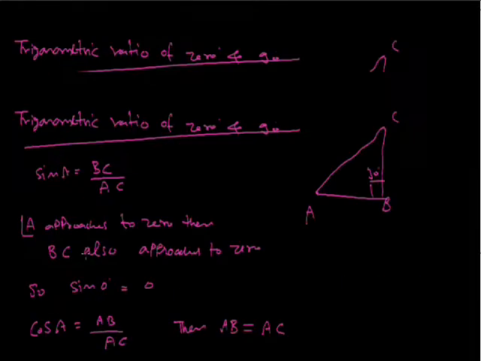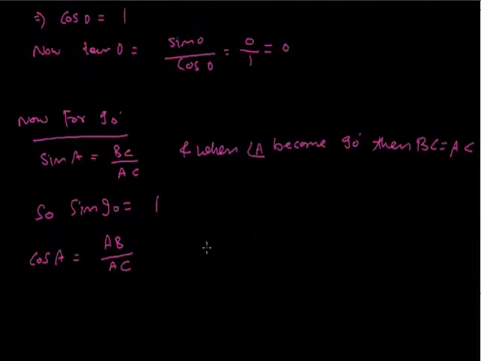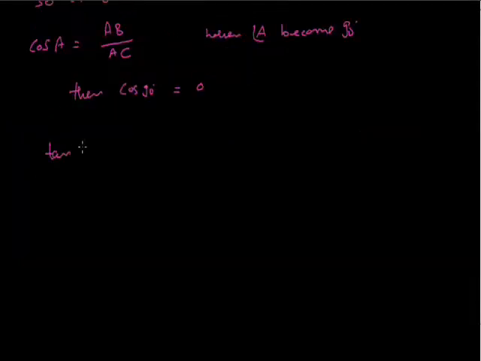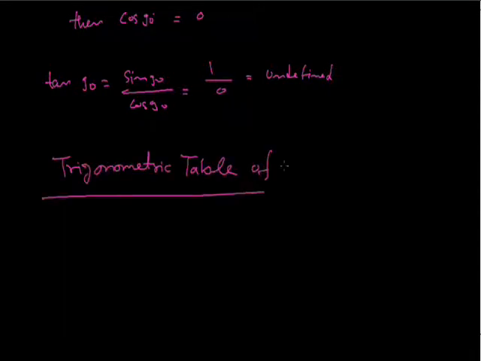Cos A equals AB upon AC. When angle A becomes 90 degree, then cos 90 equals 0, and tan 90 equals sin 90 upon cos 90 equals 1 upon 0, or undefined.